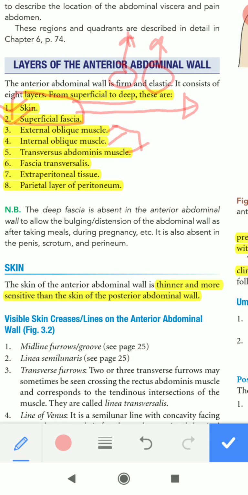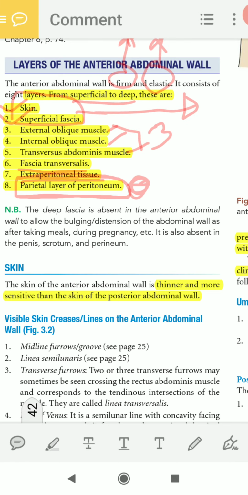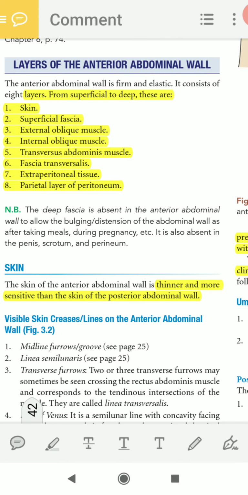Then one fascia, that is fascia transversalis, extraperitoneal tissue, and the parietal layer of the peritoneum. We know the parietal layer of the peritoneum covers the internal surface of the abdominopelvic wall. So this is the deepest part of the anterior abdominal wall. These are the 8 layers of the anterior abdominal wall.